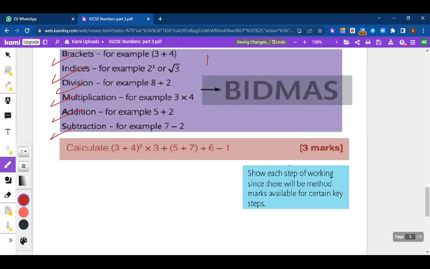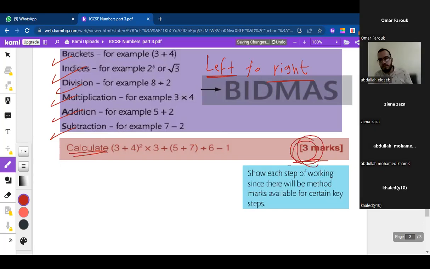You start from left to right. Like here, if he says calculate and he gives you 3 marks, 3 marks means you cannot use the calculator. You need to do some steps.